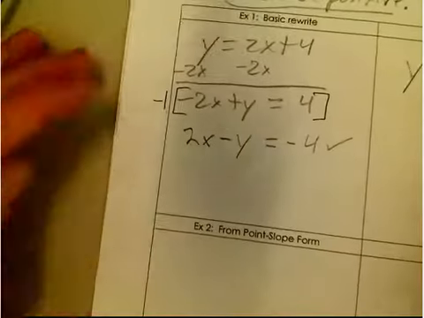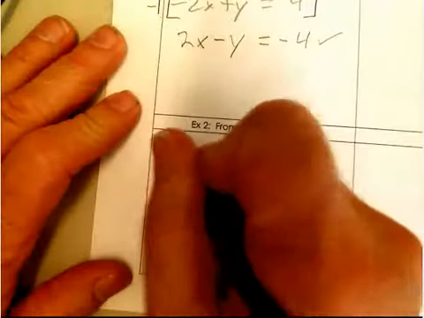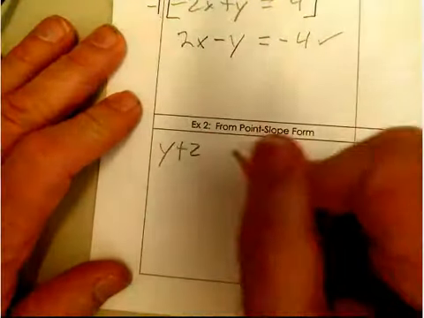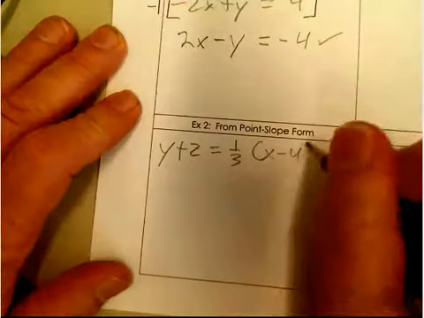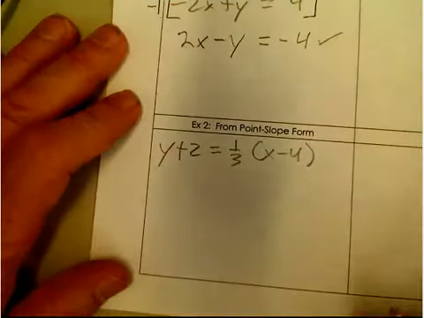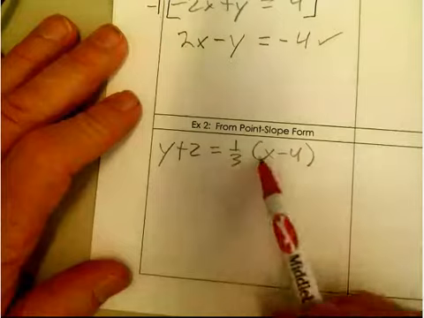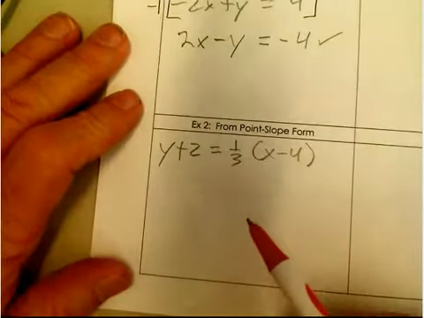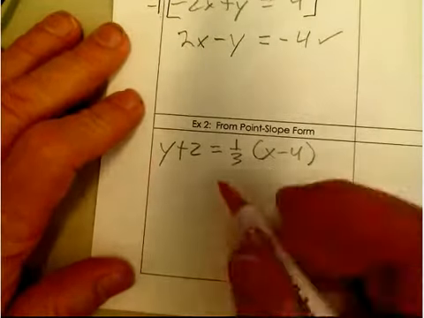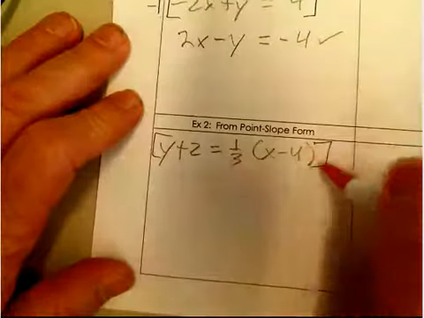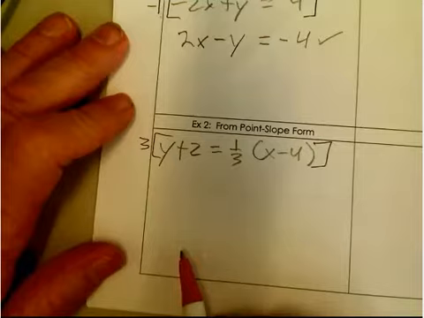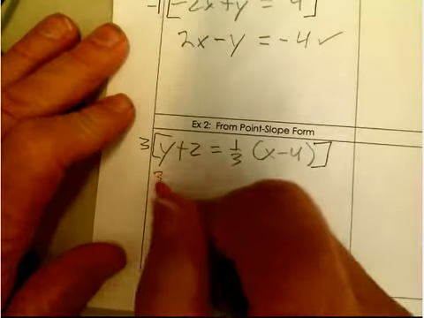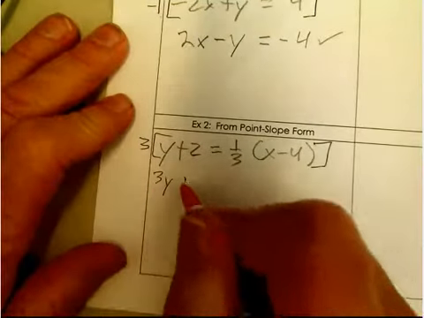All right, let's look at another example. This equation starts out in point-slope form. Y plus 2 equals 1/3 times x minus 4. I don't know about you, but I do not want to distribute this 1/3 into these parentheses. I will just be spreading that 1/3 all over the place. So instead, I am going to multiply this whole equation by 3. 3 times y is 3y. 3 times 2 is positive 6.